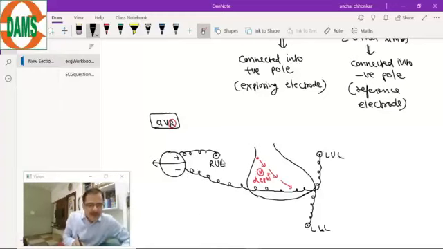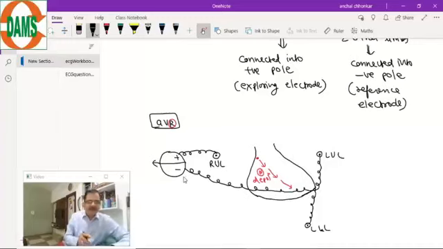So very well you can see, the right upper limb is going to the positive pole, and the combination of two remaining limbs is going into the negative pole.